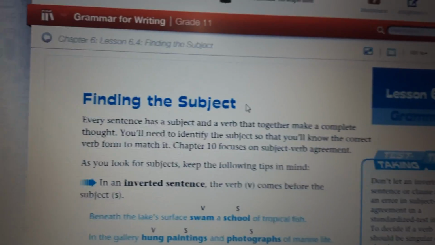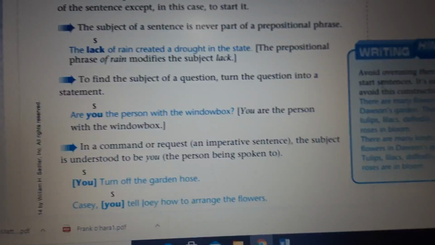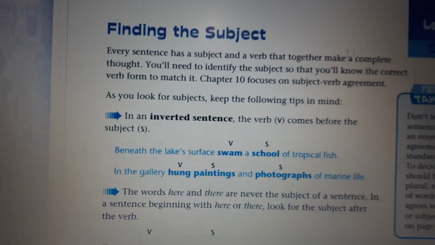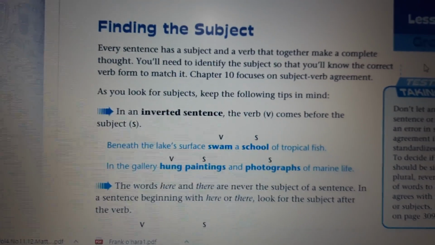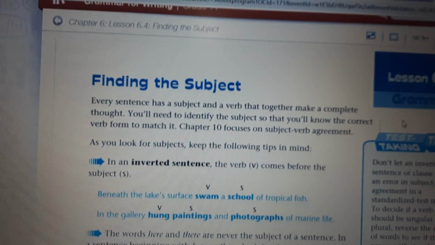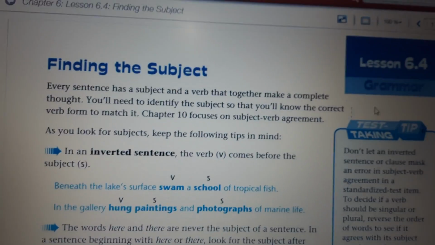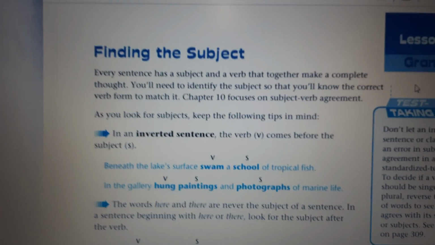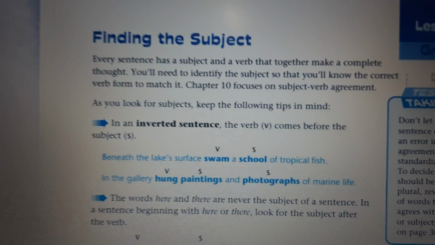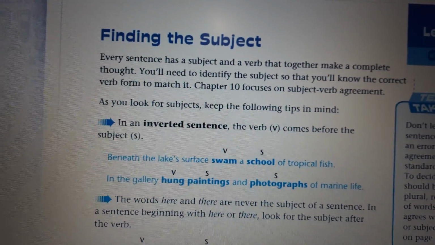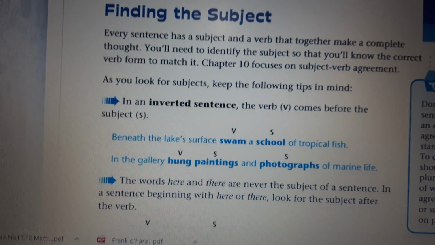So, first, I want you to open page 121. Today we're going to talk about finding the subject, okay? I gave you pronouns and nouns, and I gave you verbs, and I have explained things like that, but now I'm going to explain the subject in detail, okay?